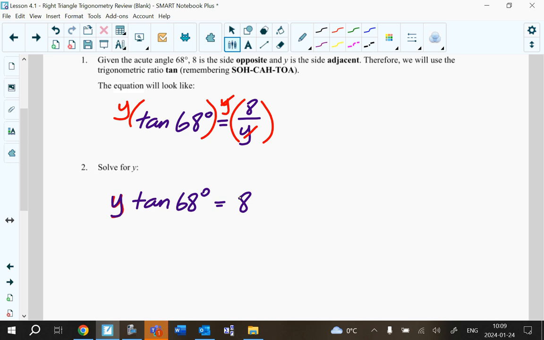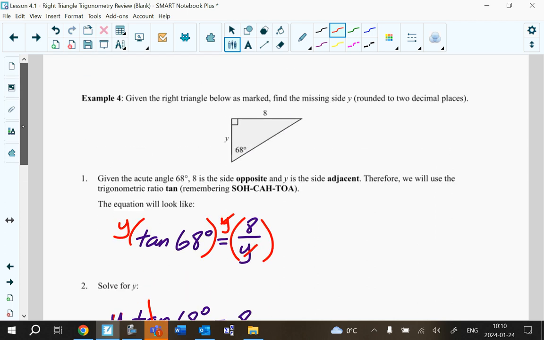Remember, this says y times tan 68. So I divide what? Divide by tan 68, which means you have to do it to the other side. So to get your answer, you're going to have to divide this time. So 8 divided by the tan of 68 to 2 decimal places, 3.23.